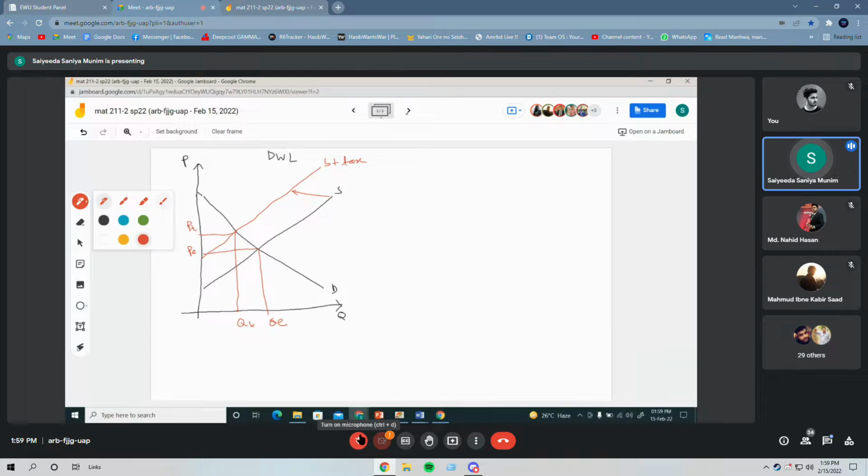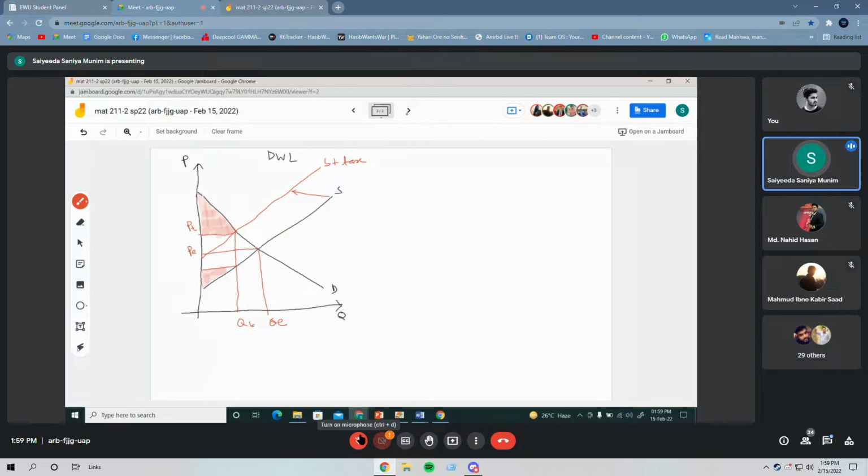And if you look at the consumer surplus, because price has increased, consumer surplus area has decreased. Producer surplus area has also decreased. How?